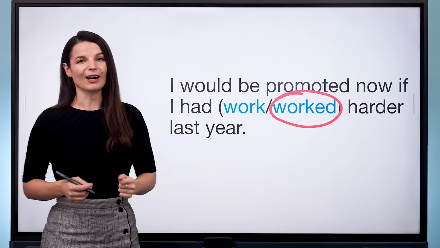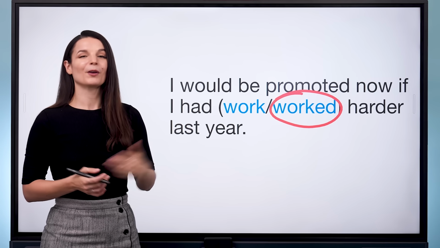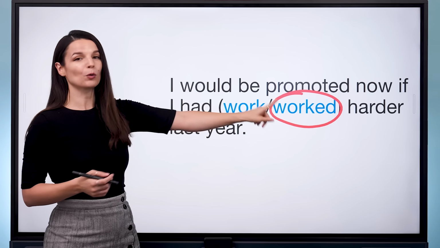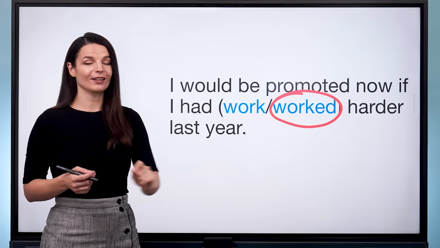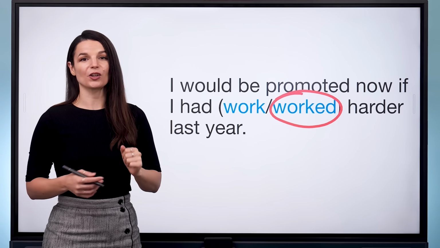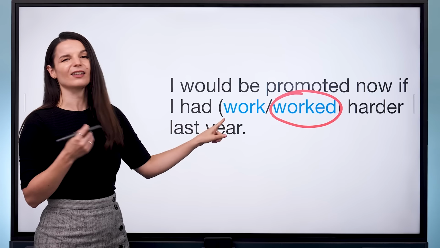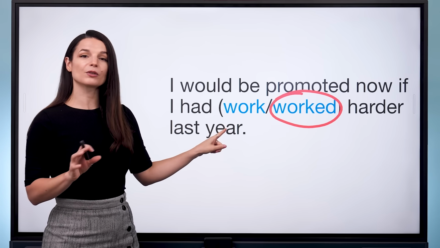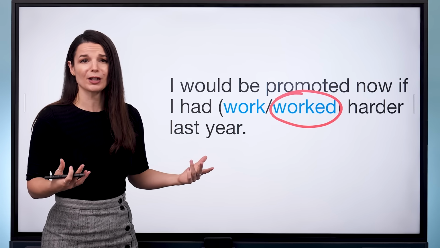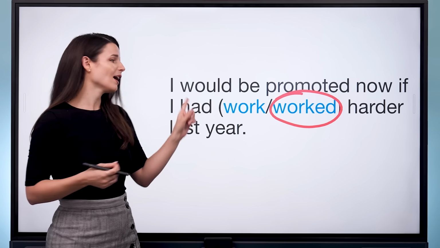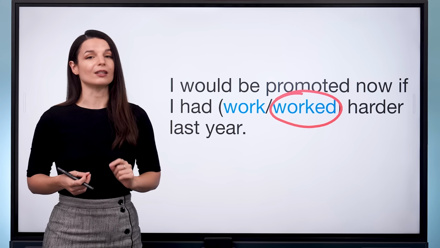I would be promoted now if I had worked harder last year. We need past perfect had worked for the past condition. This is another mixed conditional with a past cause and present result. Work is the infinitive form. It's not used to show a hypothetical past situation in conditionals. We need had worked to match the conditional structure.